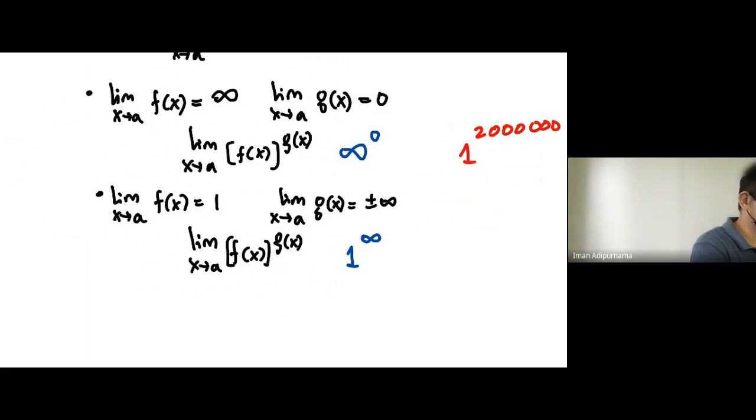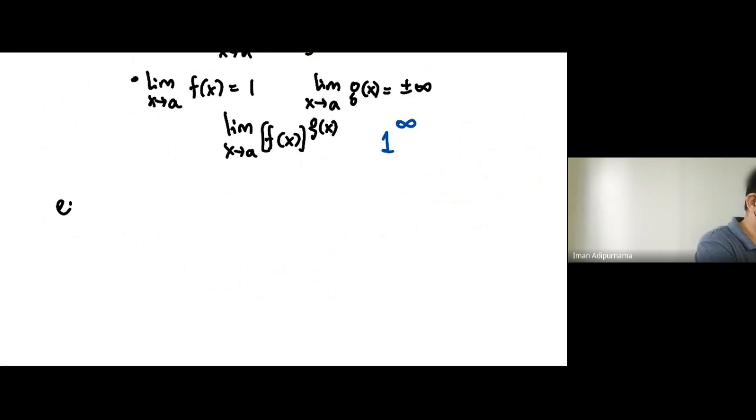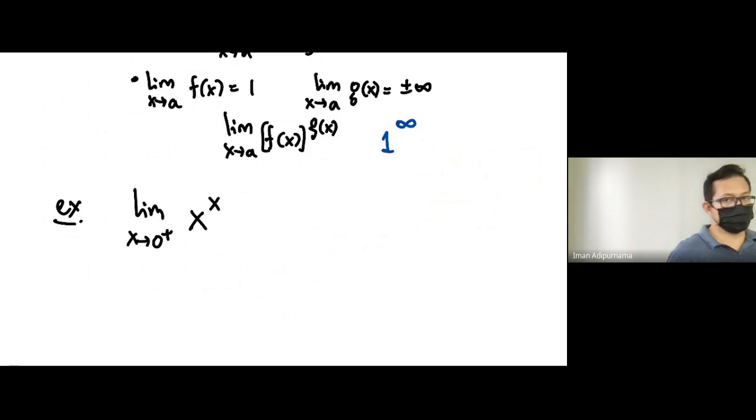Now to solve this, for example, limit as x approaching 0 from the right of x with power of x. If we look at the limit, this is 0 with power of 0. Now how to solve this?